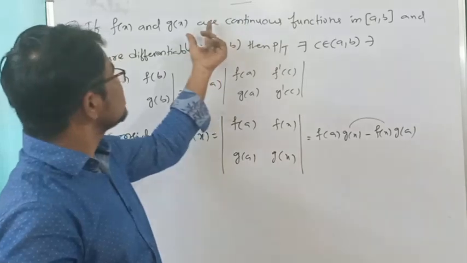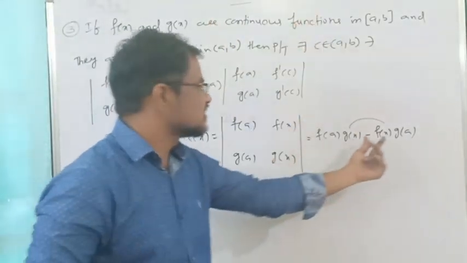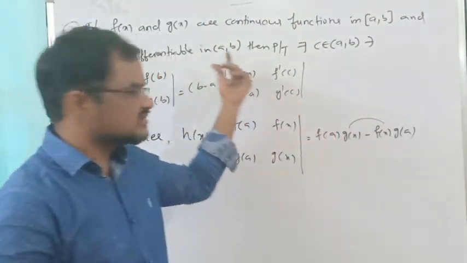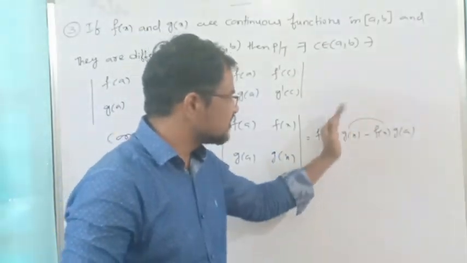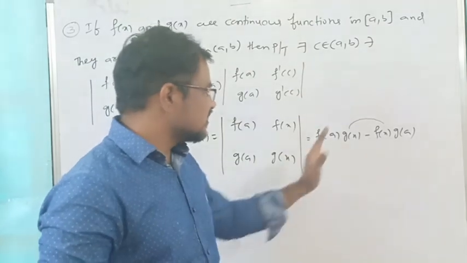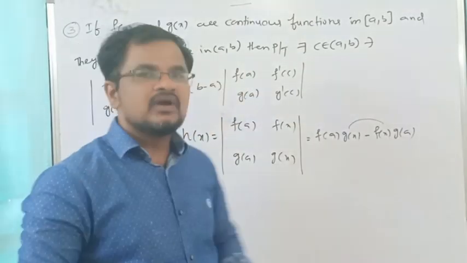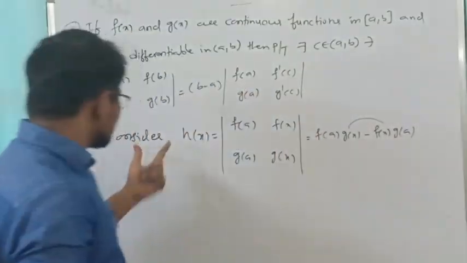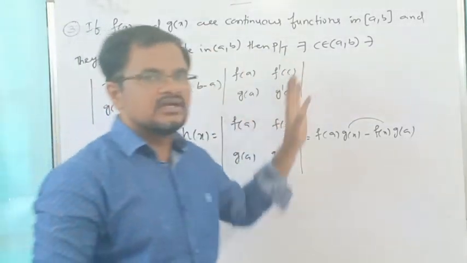Here given f of x is continuous, g of x is also continuous. f of x is differentiable, g of x is also differentiable. That means the difference of two functions is continuous, and the difference of two functions is also differentiable. So that's why h of x is continuous and differentiable.